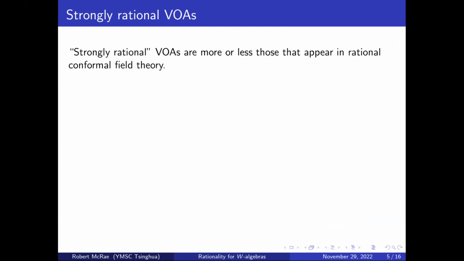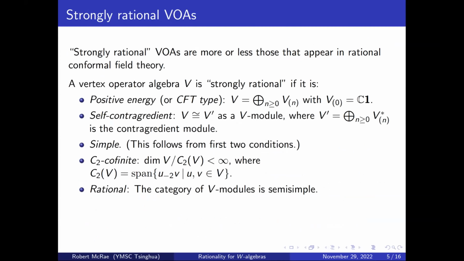So now I can say what a strongly rational vertex operator algebra is. The name comes more or less from the fact that these are the VOAs that show up in rational conformal field theory. First of all, there are a few minor properties. One is this positive energy or CFT type condition, where we want it to be non-negatively graded, and the degree 0 space is just the span of the vacuum vector.